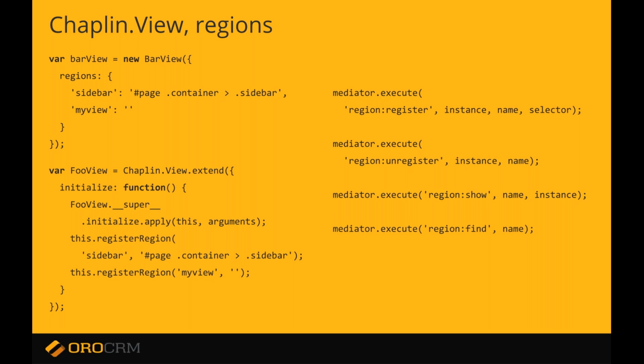We can declare regions over constructor options, and also we can declare regions inside initialize method programmatically. So we can register a region over a certain method, proper method. It is a useful functionality, but there is cons.